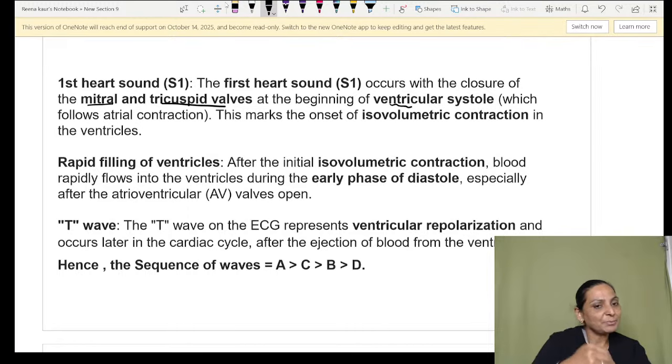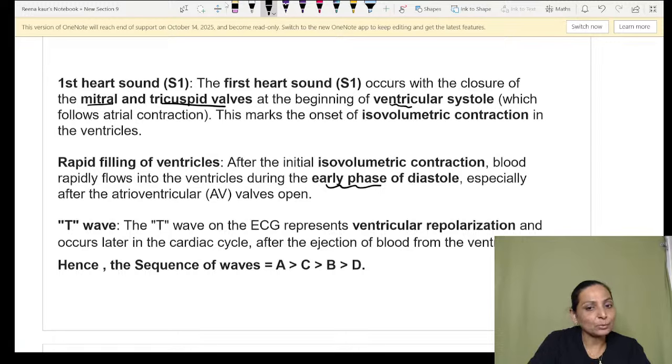That means as the blood comes from the atria into the ventricles, they will close their AV valves, and that is going to mark the onset of isovolumetric contraction. That means there's going to be S1, that is the closure of the mitral and the tricuspid valve, or the beginning of systole. Now after this isovolumetric contraction, what is going to happen? There's going to be onset of systole and then diastole.